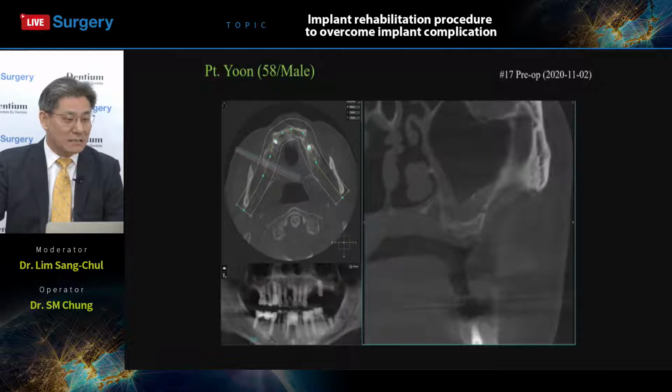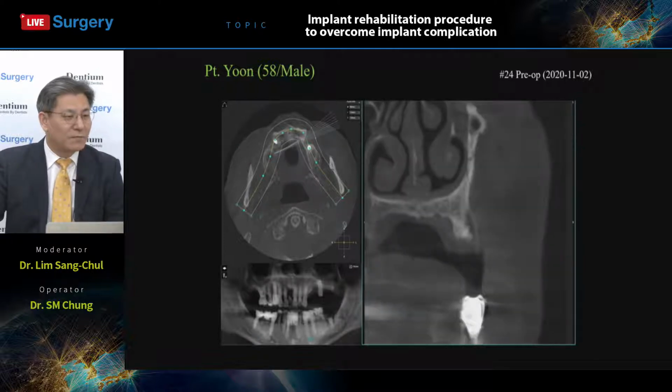Okay, this one is the CT scan. Number 17 area, as you can see, has a remnant of host bone of around 3 to 4 millimeters, so a restricted, limited bone volume. So this area is necessary for sinus augmentation. Number 24 area already has a big defect.